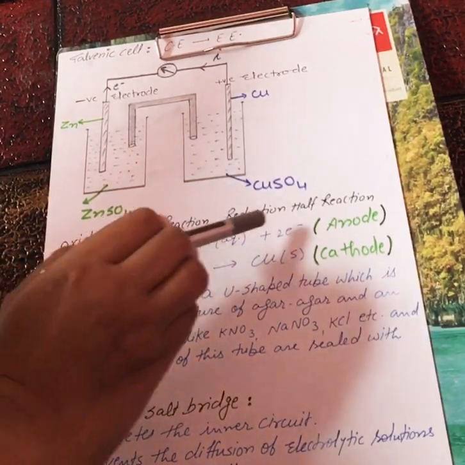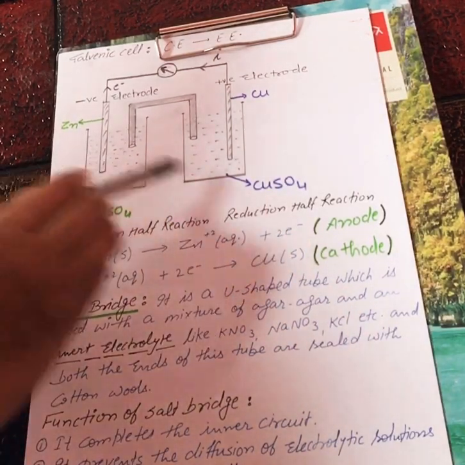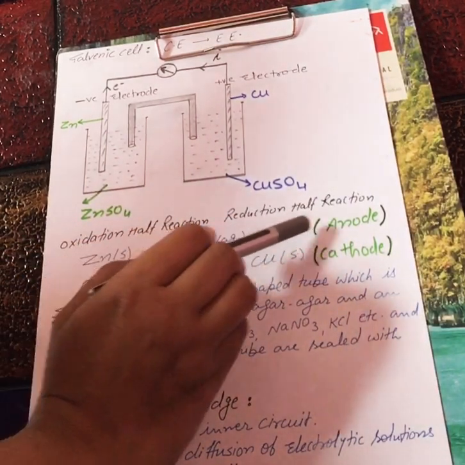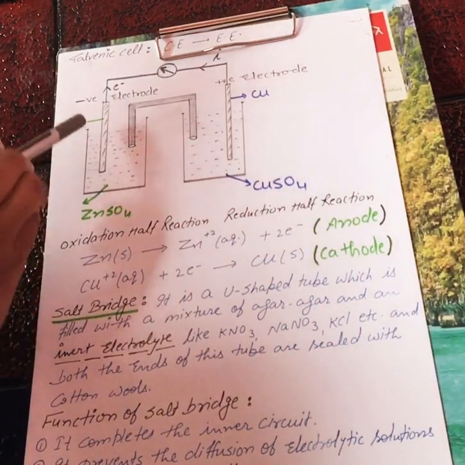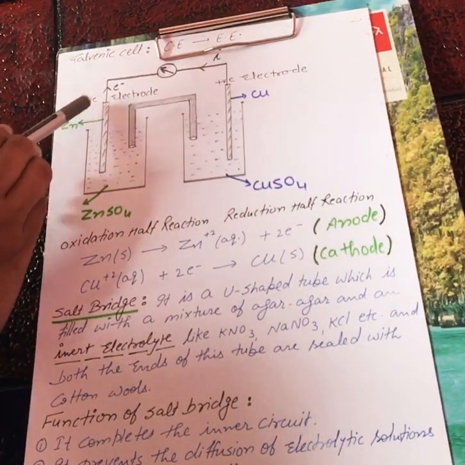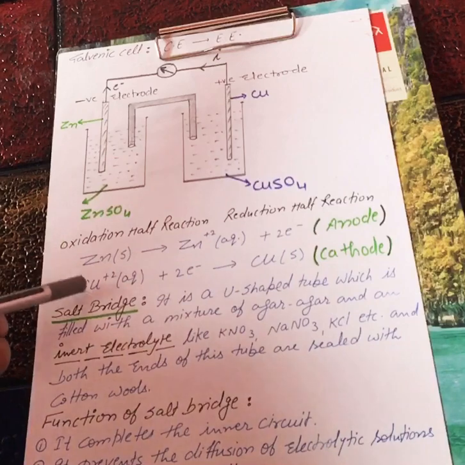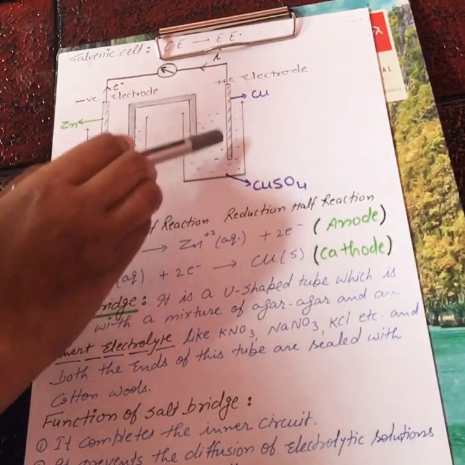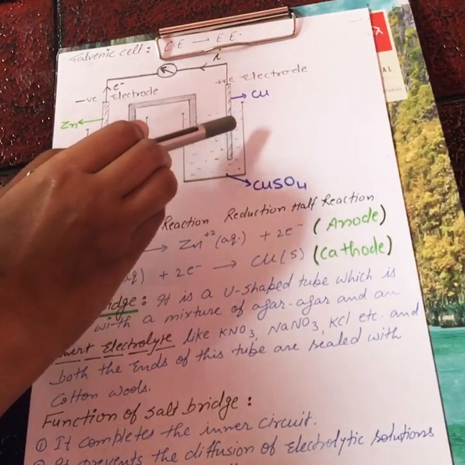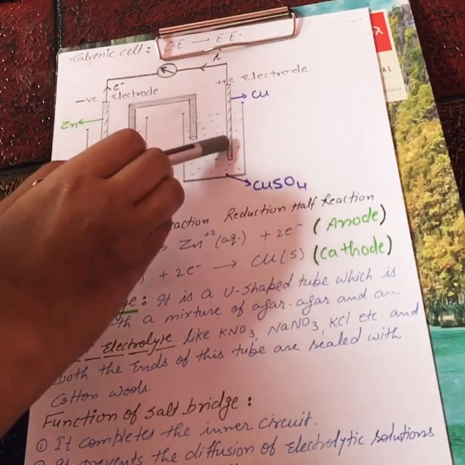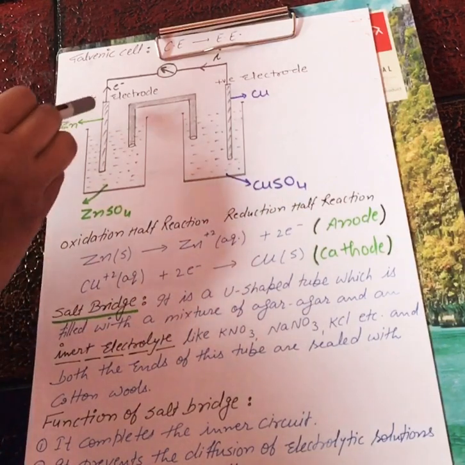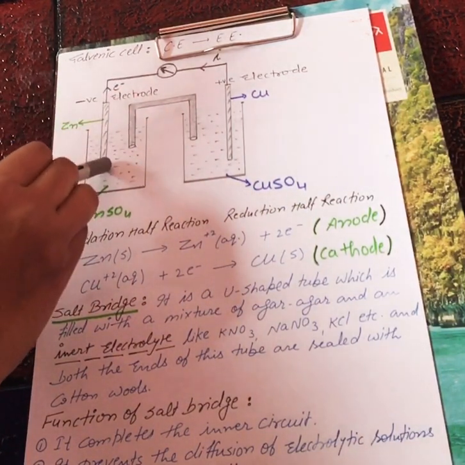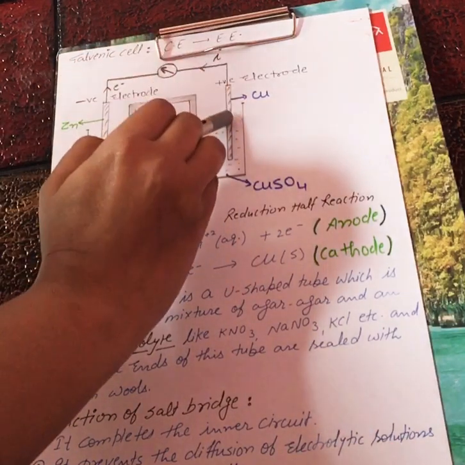If zinc will be oxidized, this plate develops the oxidation. If this plate shows the oxidation, this plate acts as negative charge and is called anode. While on this plate, copper will change into copper +2 by receiving the electrons which will be developed from the anode plate to the cathode plate.